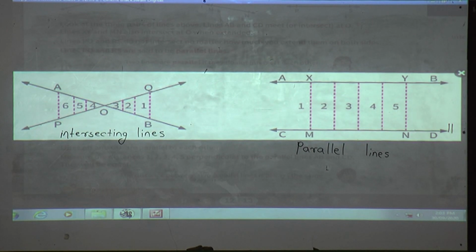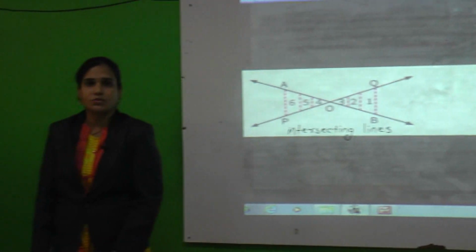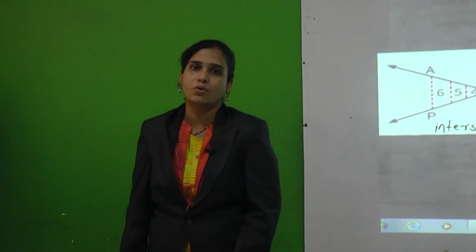Even students, you can make a list of figures or objects in your home that have parallel lines and perpendicular lines. There are so many objects in your homes, so you can make a list of those objects.